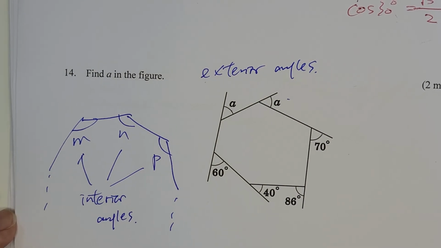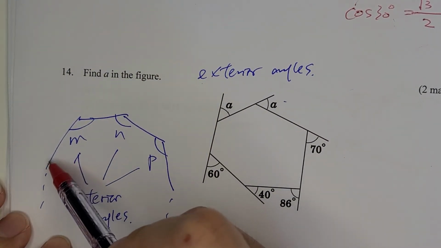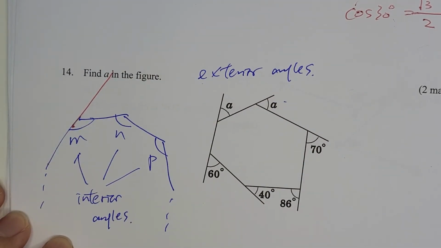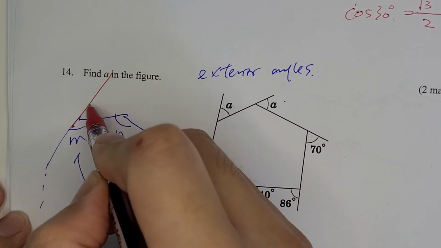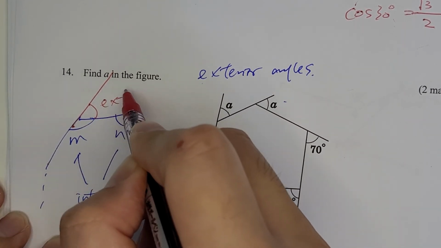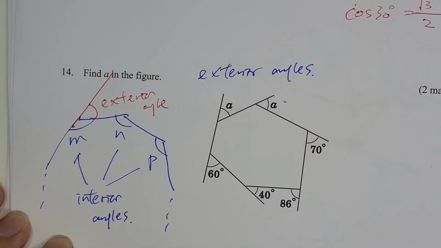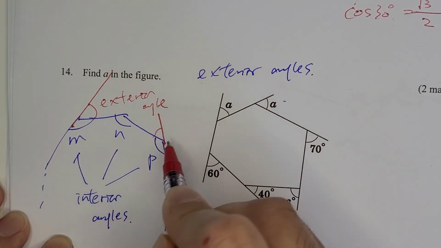And how to define exterior angle? You extend one line, only one line. Then this red line and the blue line here, we call it an exterior angle. Okay, you can extend in this direction also. It's also called exterior angles.